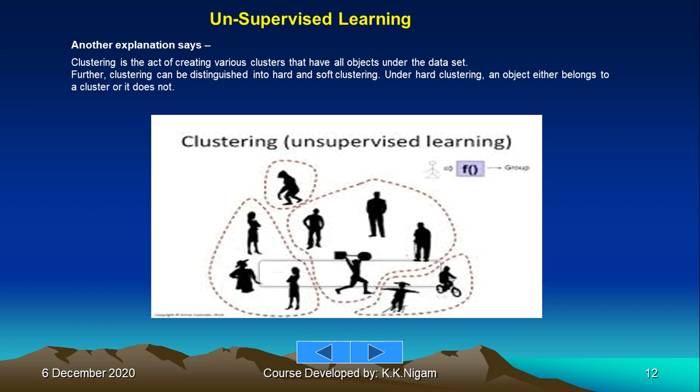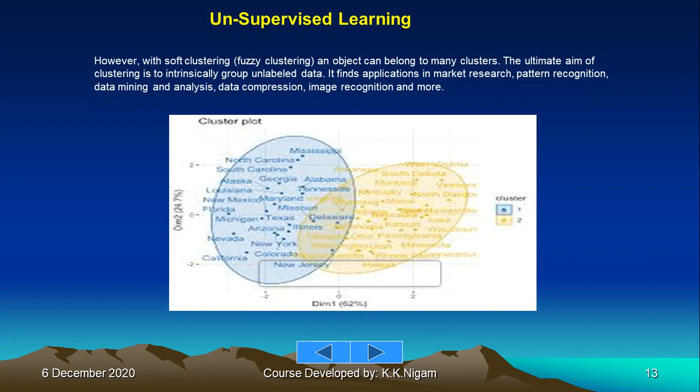With soft clustering, or fuzzy clustering, you are not very clear: an object can belong to many clusters. The ultimate aim of clustering is to intrinsically group unlabeled data. It finds applications in market research, pattern recognition, data mining and analysis, data compression, image recognition, and many more.